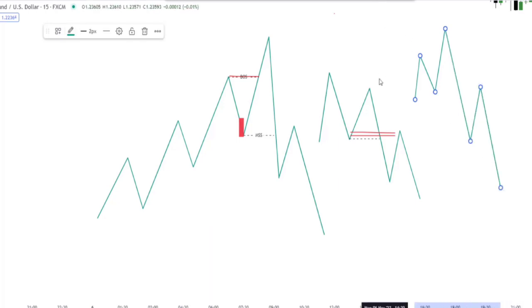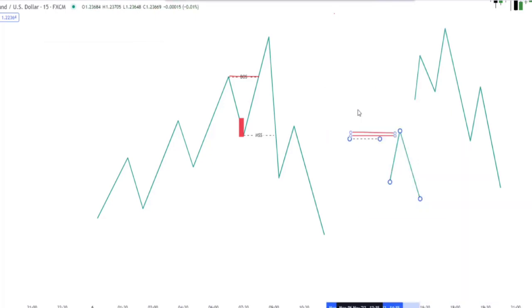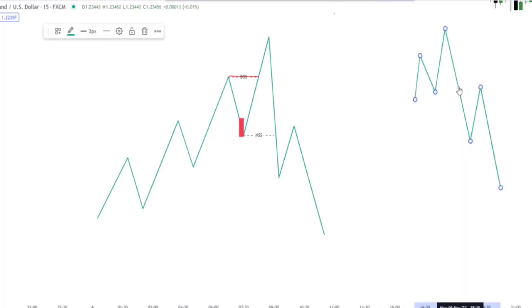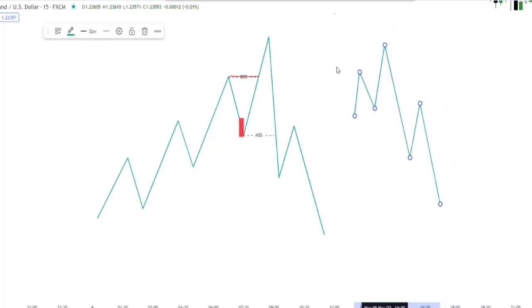Please don't forget this simple sketch. If you forget anything, do not forget this powerful difference between a breaker and a mitigation block. So this is a breaker. A breaker breaks above, basically taking out this and crashing. Mitigation does not break, it just has a failure swing and it crashes coming back.